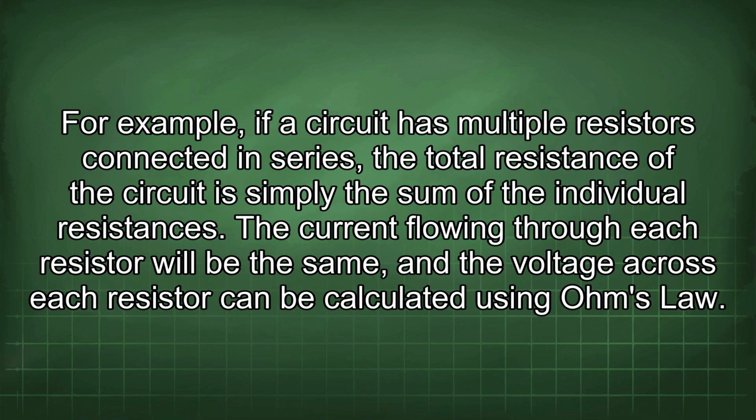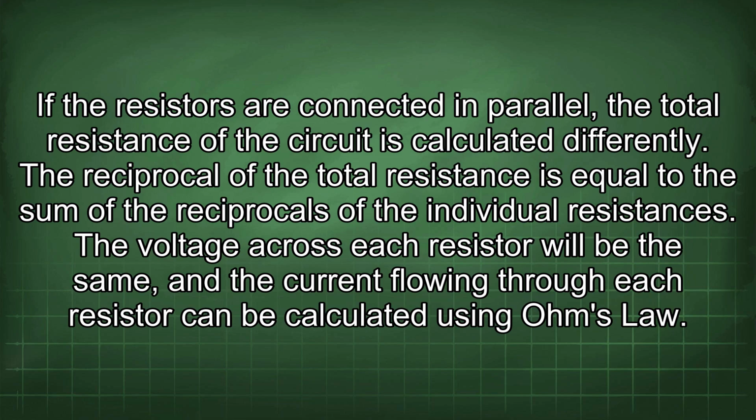For example, if a circuit has multiple resistors connected in series, the total resistance of the circuit is simply the sum of the individual resistances. The current flowing through each resistor will be the same, and the voltage across each resistor can be calculated using Ohm's law. If the resistors are connected in parallel, the total resistance of the circuit is calculated differently.